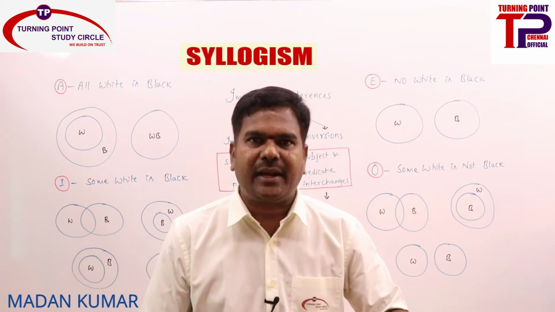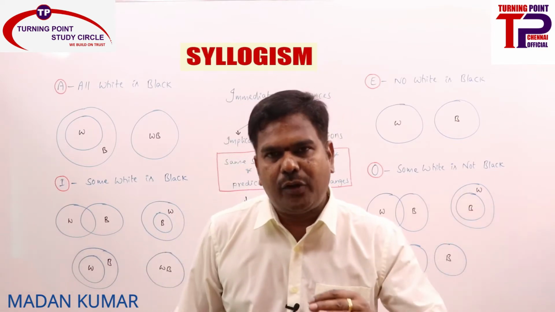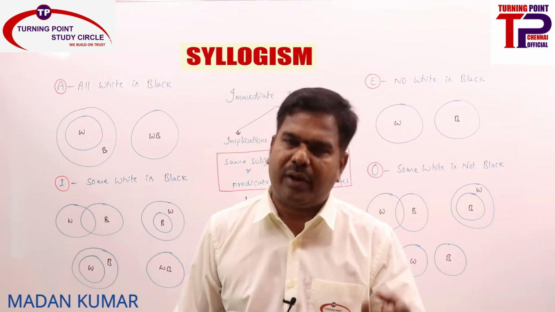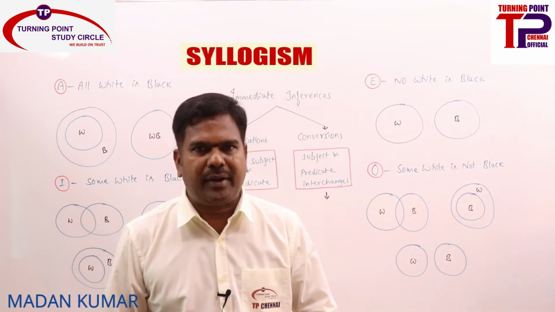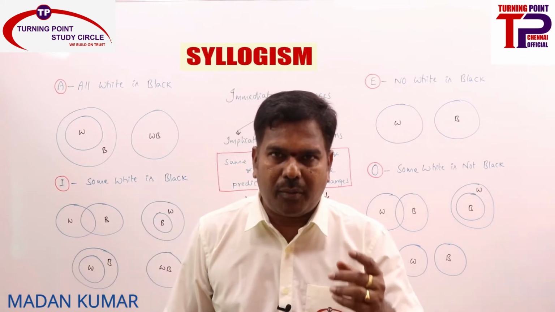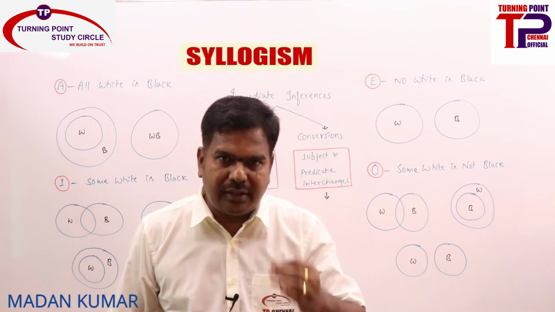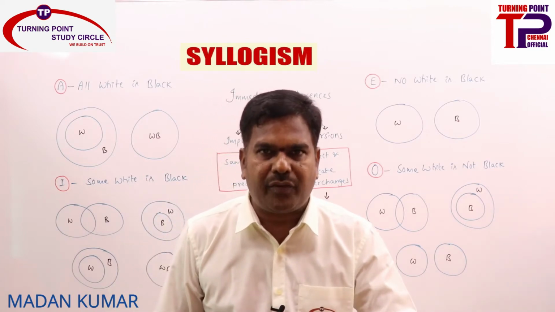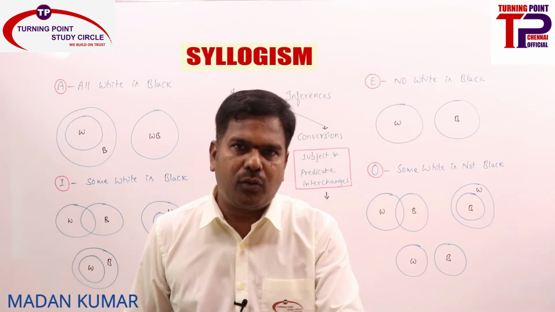In the analytical method we have 3 stages to solve the problem. One is rule based, second is immediate inferences, third is complementary pair. In order to solve the problem in syllogism through the analytical method, you need to check all 3 stages: rule based, immediate inferences and also complementary pair. Then only finally we conclude the answer.